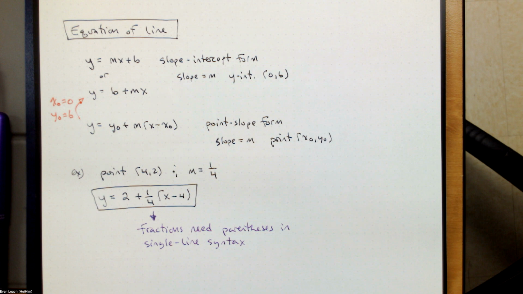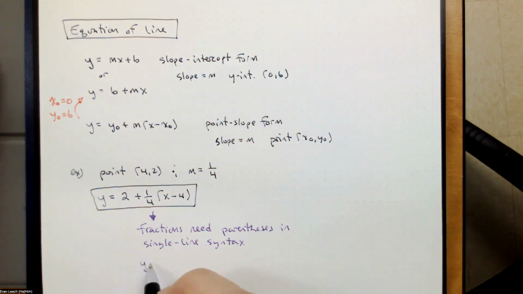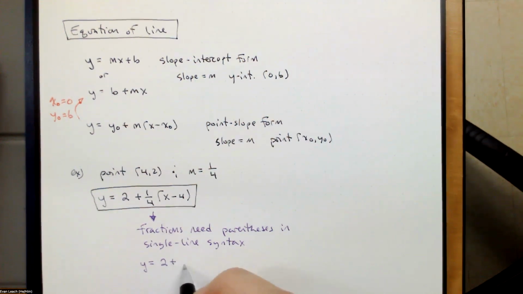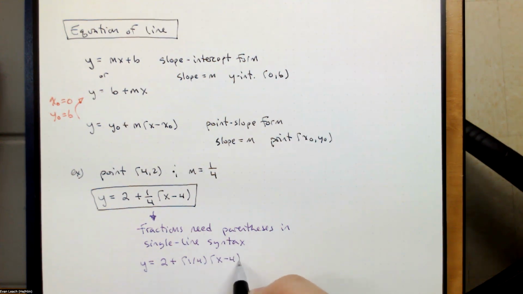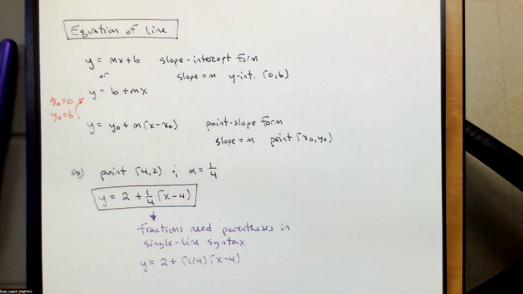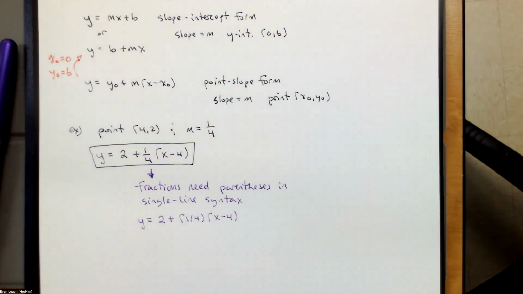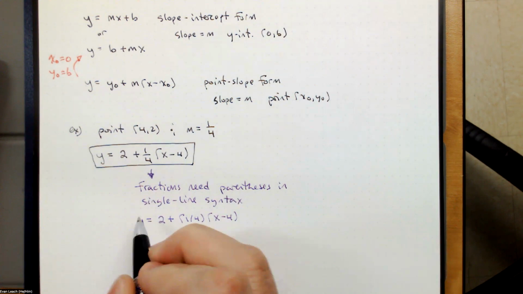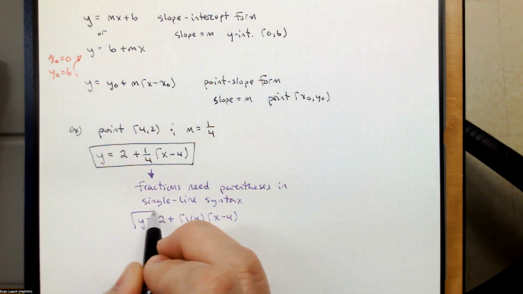You can't do superscripts or subscripts or make fractions or anything like that. If we're typing this in single line syntax, that fraction will need parentheses. So you'll want to write y equals 2 plus 1/4 times (x minus 4). So in single line syntax, this would be the easiest translation. Just put the fraction factor into parentheses. That would be the easiest conversion.